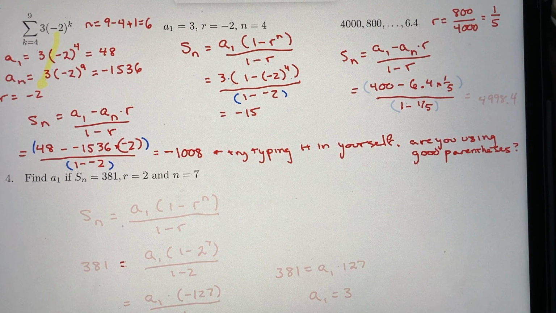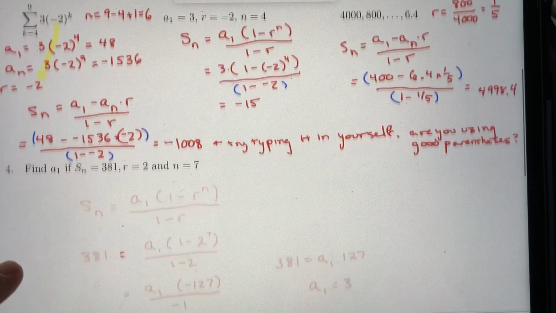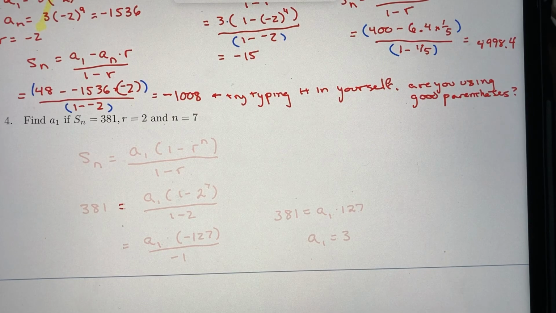And again, you will need parentheses to type it in properly. Okay, the numbers decrease rapidly, so it looks like it's approaching 5,000. I wonder if that's possible. Yes, it is. Okay.